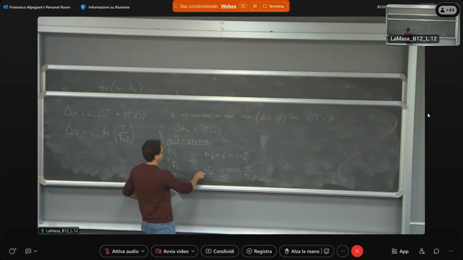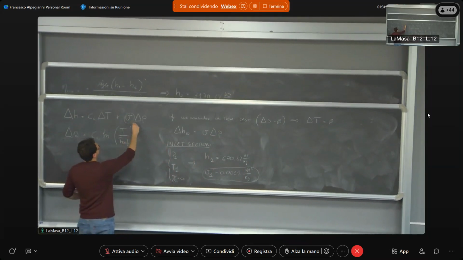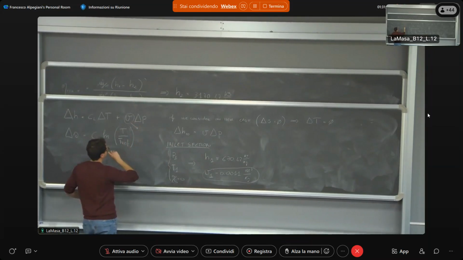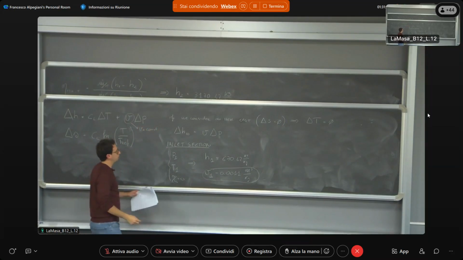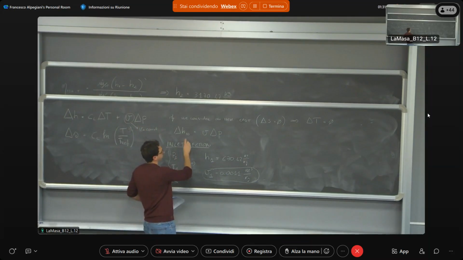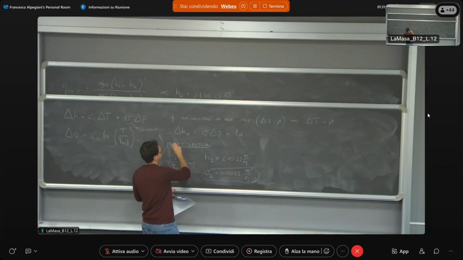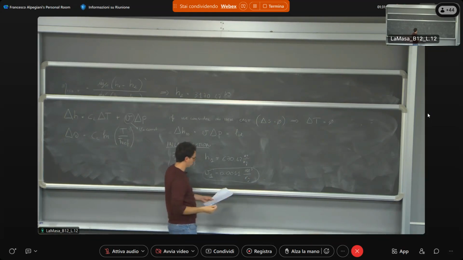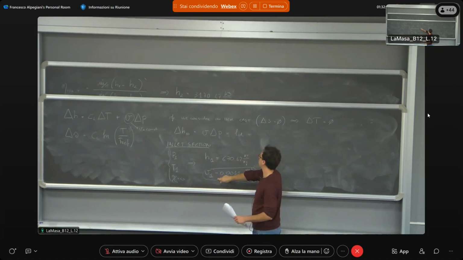Then, given this value, considering the fact that you are making the hypothesis of incompressible fluid, so v will be constant, you can evaluate the ideal work. Delta H ideal is equal to the ideal work, and will be equal to v1 that you know, times the difference in the pressure.